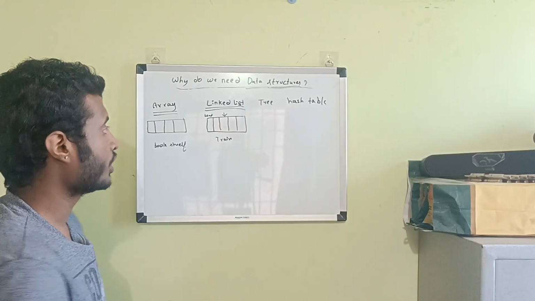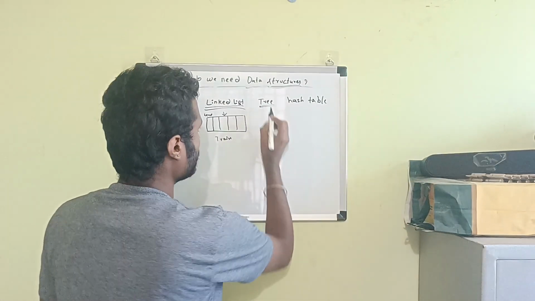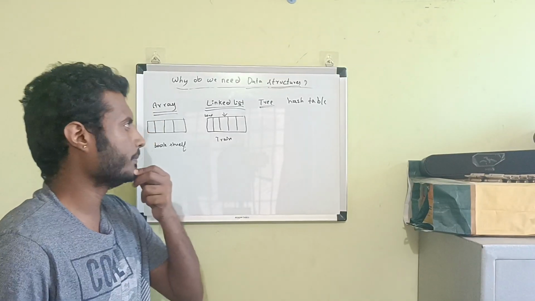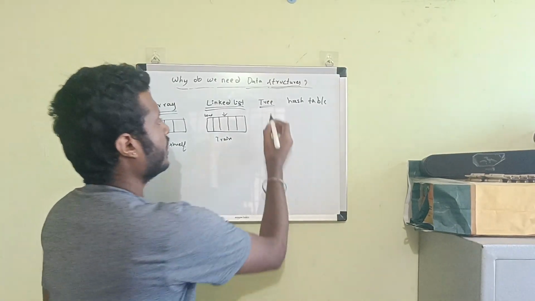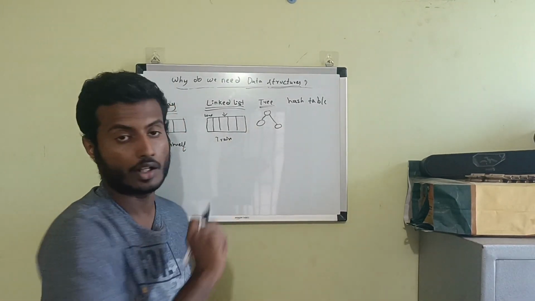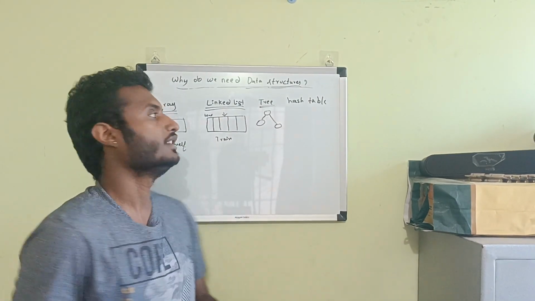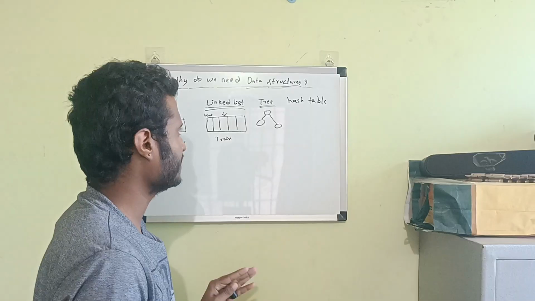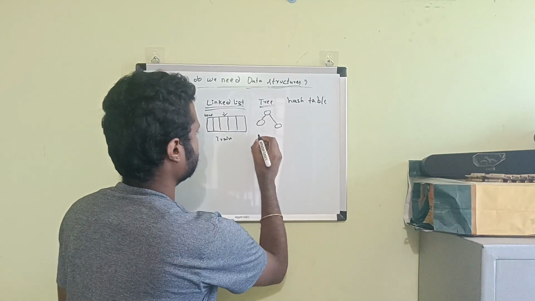Example especially. So coming to the next one, tree. What is a tree? A tree is very easy, right? Family tree. You must know this. This is grandfather, this is father, this is uncle, etc. Whenever a relationship branches, then we see a tree. The main funda of it is that it is hierarchical in nature.